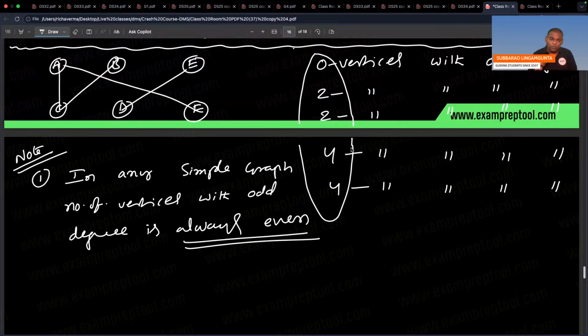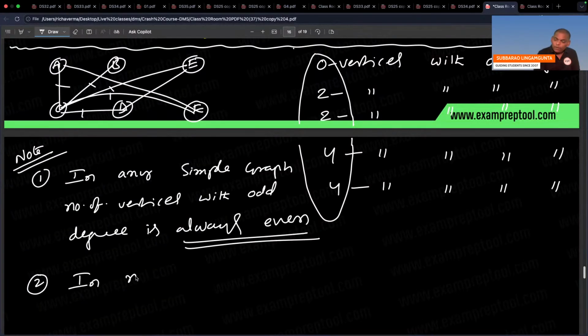And one more. 6 vertices are there. Careful. What is the maximum degree possible for anyone? 5. So E may be adjacent to all people: 1, 2, 3, 4, 5. So you know this very well.